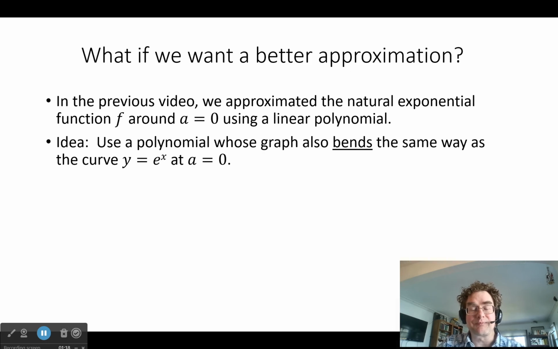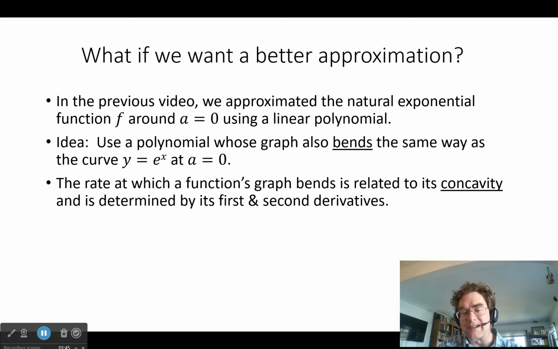Okay, so what if we could get an approximating polynomial that not only has the same value as our function at 0 and the same slope as our function at 0, but also would bend the same way? Bending the same way seems like a vague term, but you probably figure it has something to do with the second derivative, and it does.